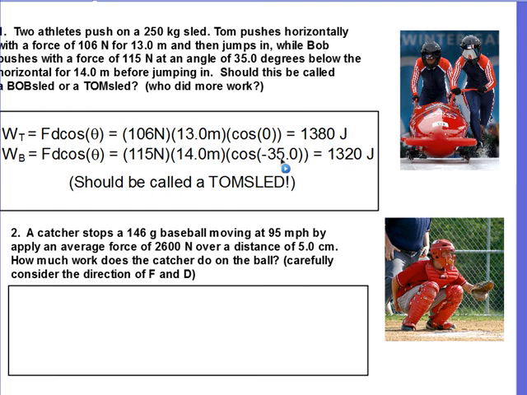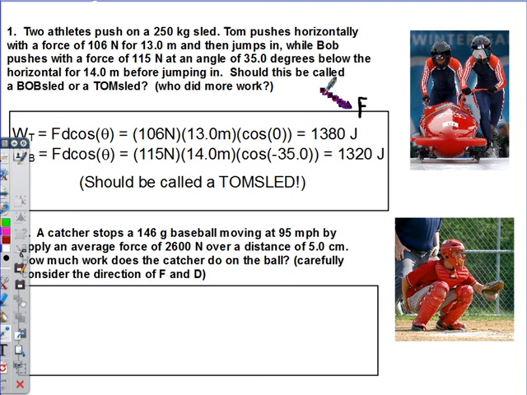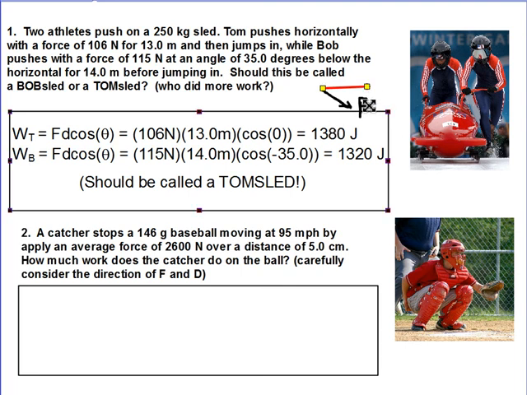The negative 35 is because the force is at a downward angle to the object's motion. So if this is the direction of the force, and this is the direction of the object's motion, you can see that the angle is negative if you want to think of it like that. But it doesn't really matter because the cosine of a negative angle and the cosine of a positive angle is exactly the same value.